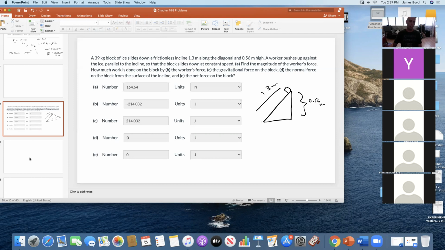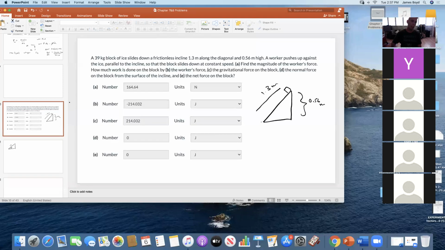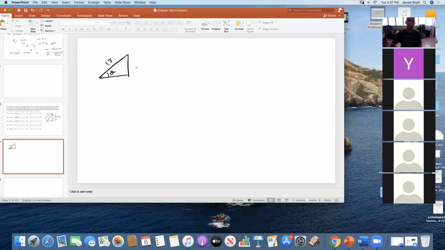So the first thing that we need to do is go back to what we already know from Newton's equations. We can find this angle if we want, because this is 1.3, and this is 0.56. Remember SOHCAHTOA? SOHCAHTOA says sine of theta is opposite over hypotenuse, or y over r, which is 0.56 over 1.3.